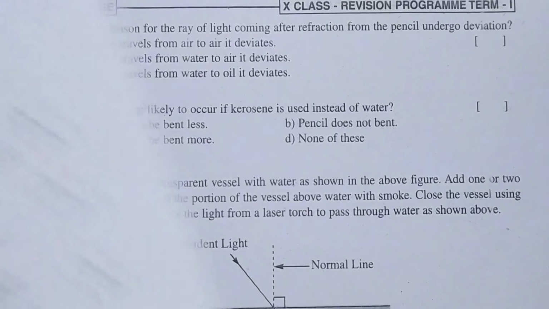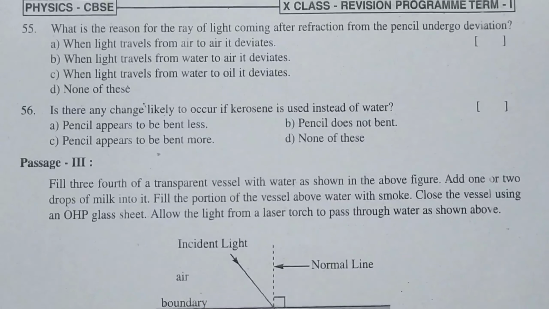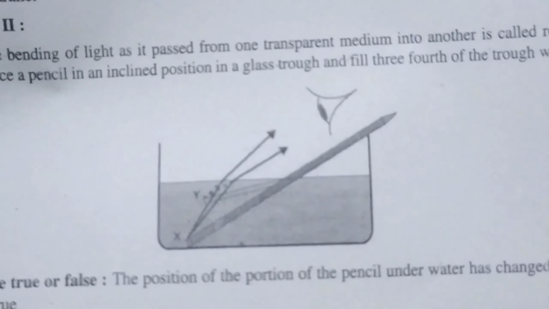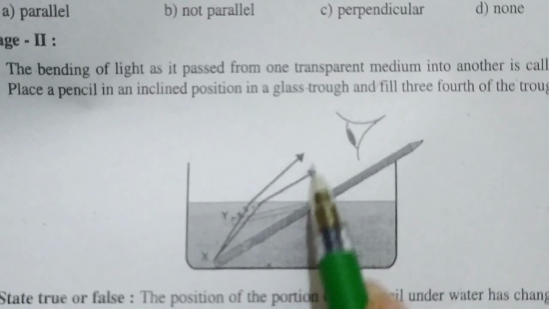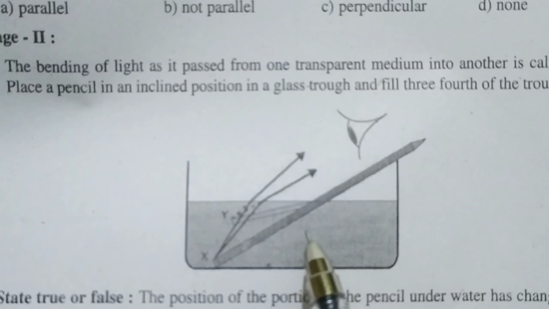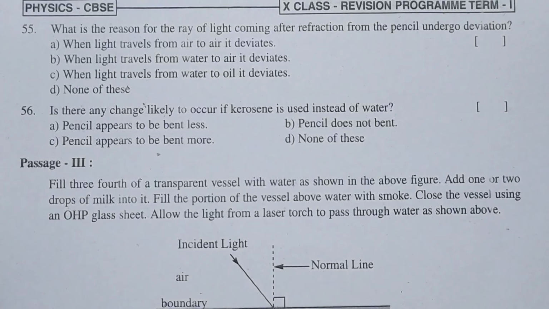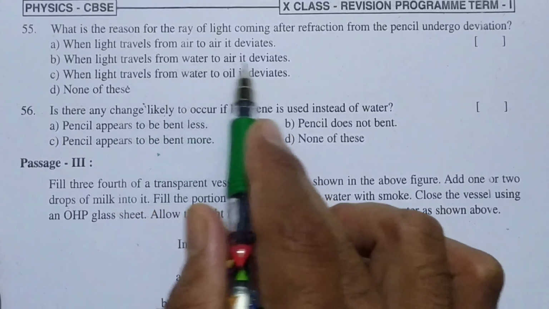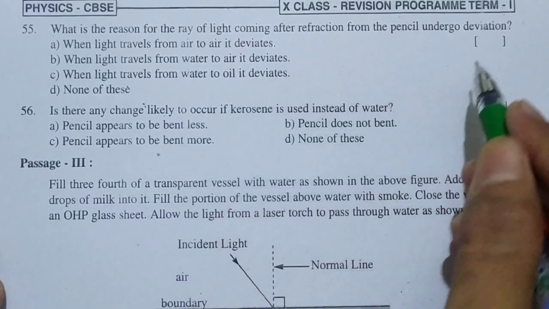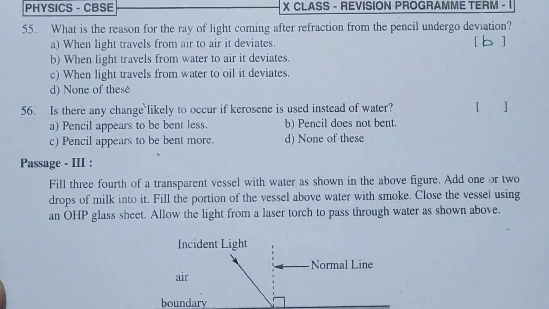Here, the light is traveling from water to air. It is changing the medium from water to air. That is the reason it gets refracted. When light travels from water to air, it deviates. So here option B is the right answer.